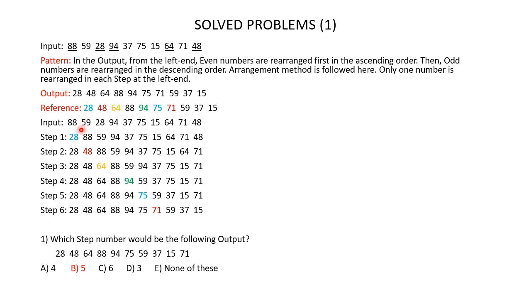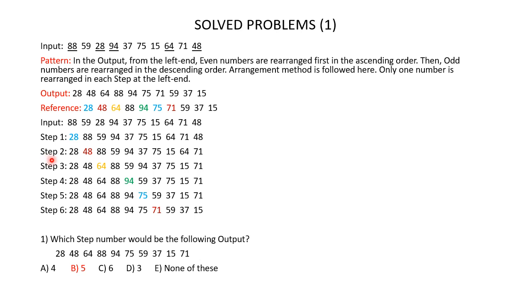So write 28 in the first position at the left end in step 1. The remaining numbers of the input are written in the same order as is given in the input.